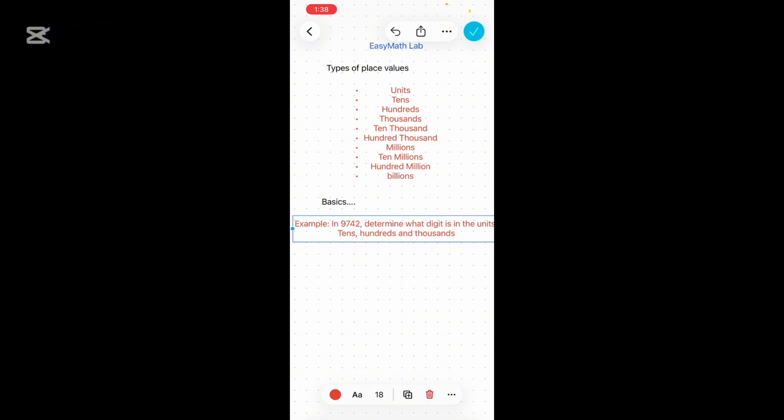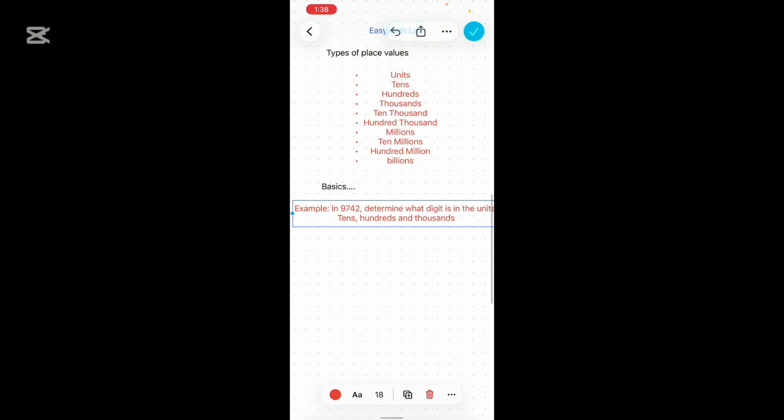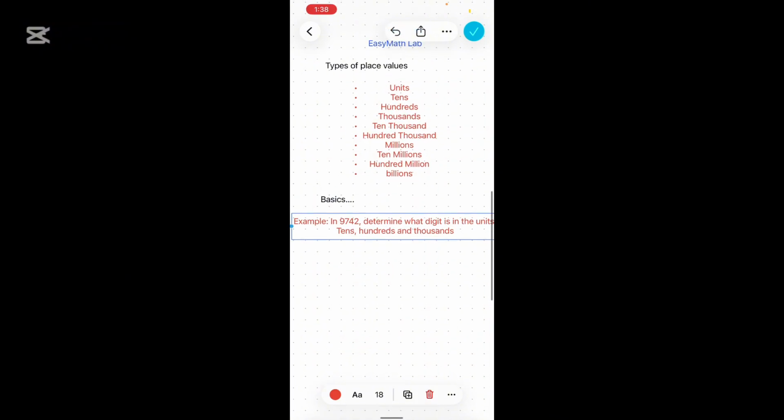So the types of place values are arranged in that order already. So from the right side, we have the units down to the tens, down to the hundreds, to the thousands, 10,000, 100,000, millions, 10 millions, 100 millions, and billions.